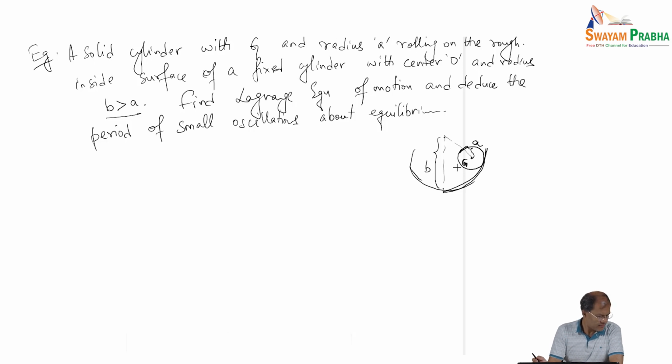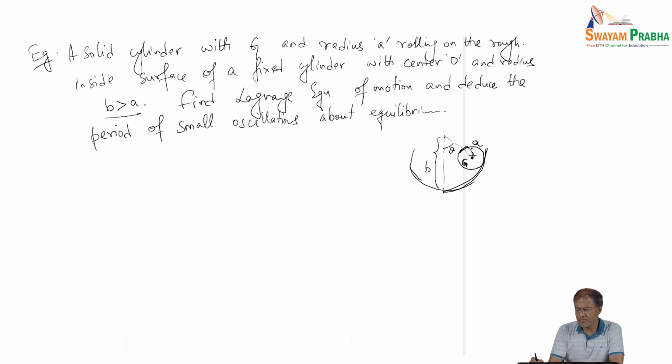Now the key to writing down the Lagrange equation is that we need to pinpoint what our generalized coordinates are. The number of generalized coordinates will tell us how many Lagrange equations of motion we have to write. The first generalized coordinate is theta, the angle that the center of mass of the smaller cylinder subtends as it rolls inside the larger cylinder.